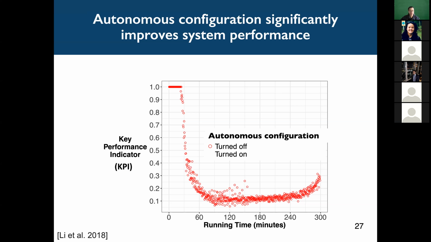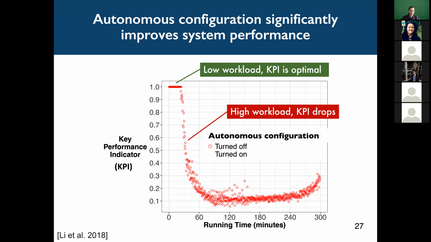You can see at the start when the workload is low, when fewer people are using the system, the KPI is optimal, it is 1. But when more and more people use the system and the workload is higher, the KPI drops significantly, right? And what's the result when we have this new feature, this autonomous configuration?